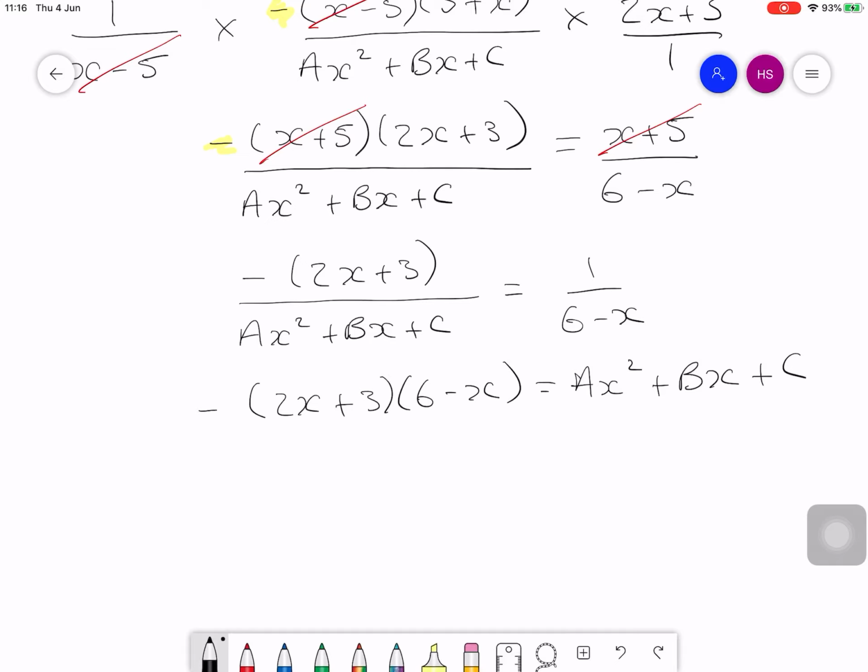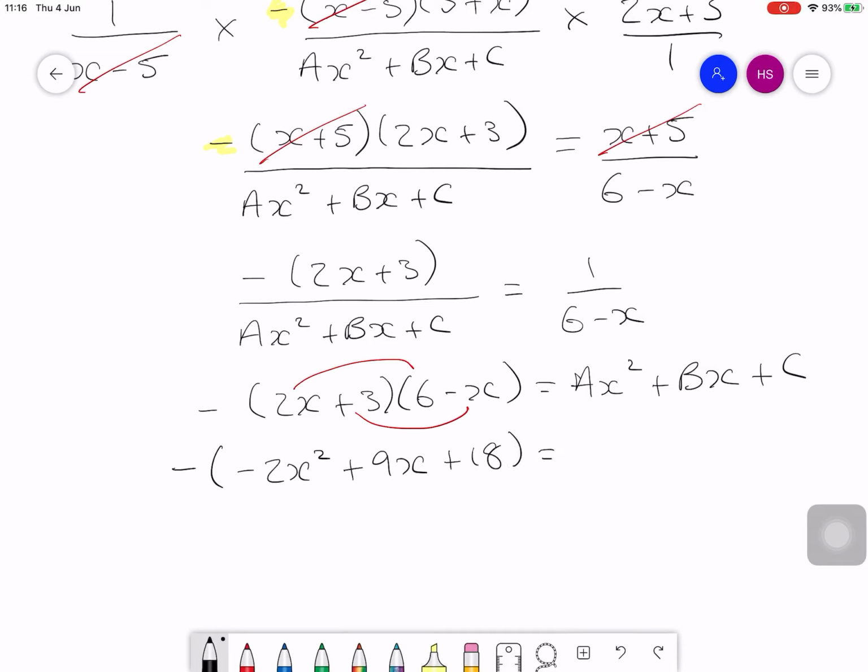So what will I do? I'll keep the negative there and then just multiply through by that at the end. So I've got minus 2x squared. I'm going to have 12x minus 3x. And I'm going to have plus 18.